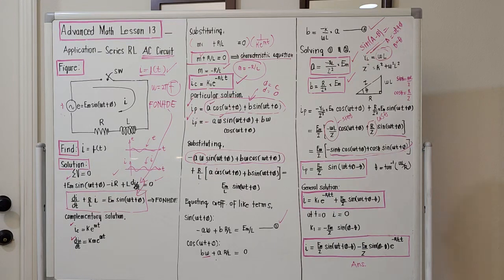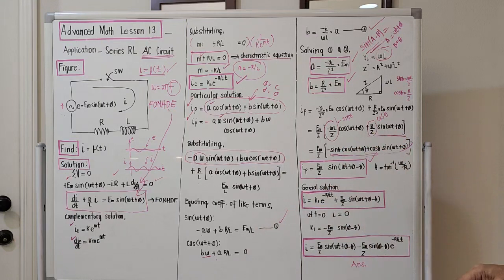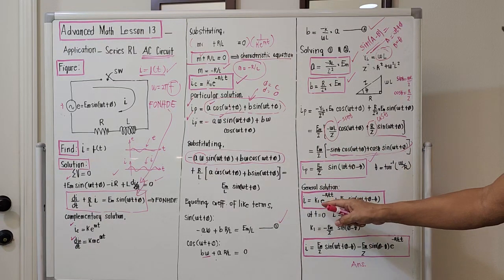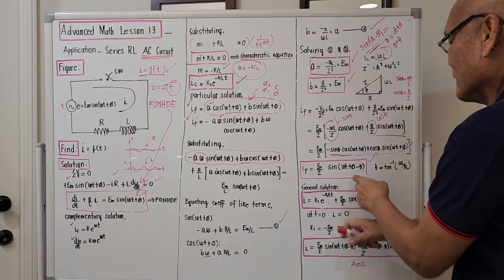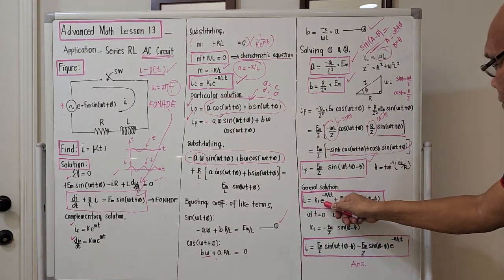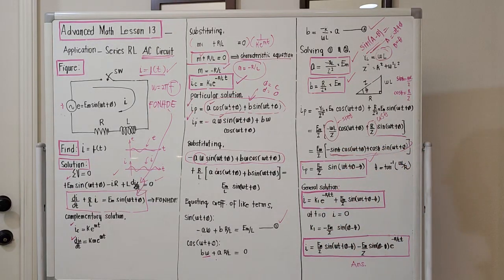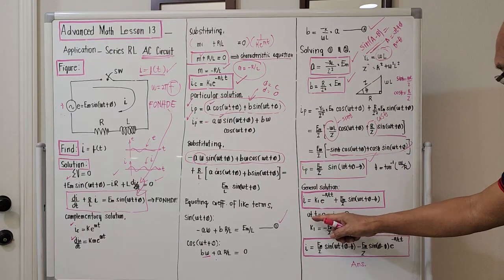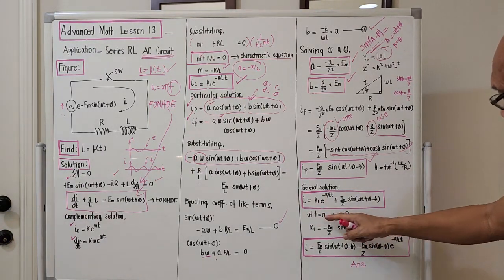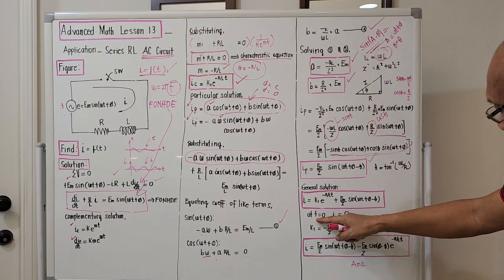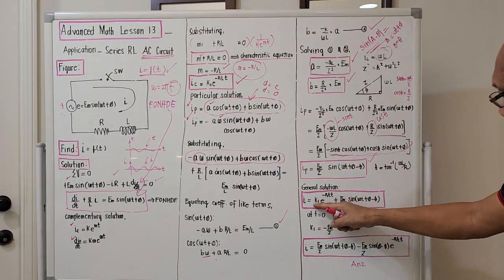Okay? So this is now the particular solution. To compute for the general solution, it will be the complementary plus the particular. This is the complementary, the first one, this is the particular. And at time t equal to 0, the total current is 0. We get these two conditions here, we put it here, and we could compute for K1.